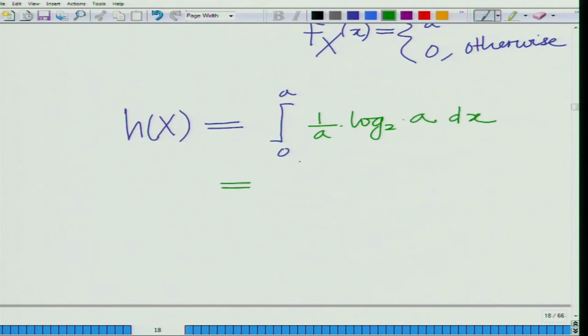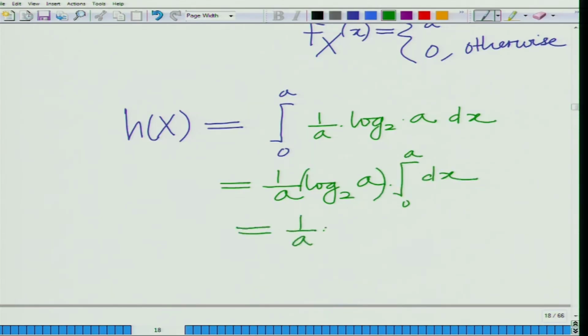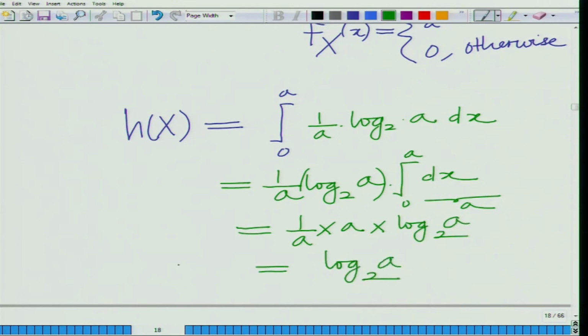This is a constant, so 1 over a times log a to the base 2 will come out, and the integral from 0 to a of dx is a, so 1 over a times a is 1. So we get log a to the base 2.